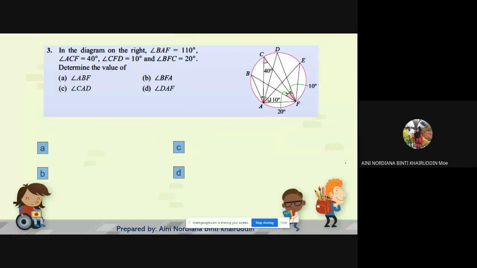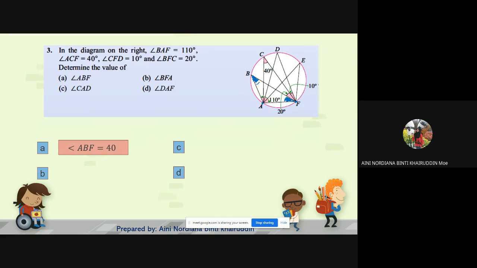Next, question 3. Angle ABF. So angle at here. What is the value of this angle? It equals 40, because it came from the same arc AF. So ABF equals 40. BFA, angle here.